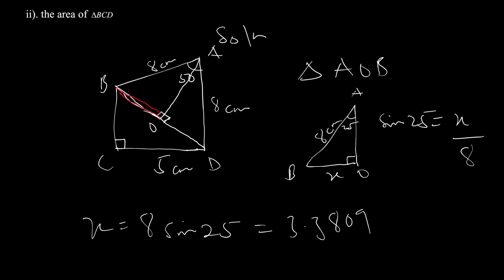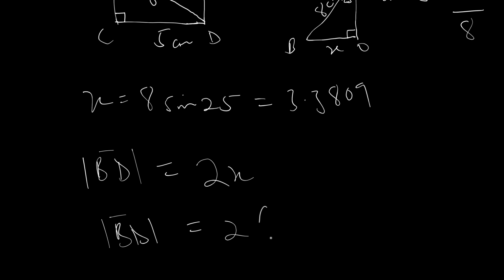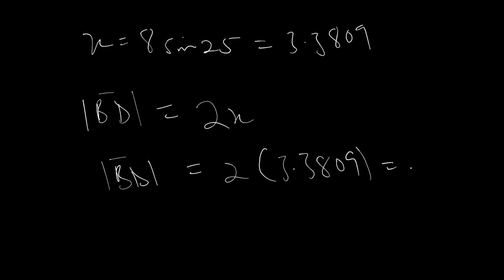So from B to D will be twice the length from B to O. So we can say that the length of BD is equal to 2x. So the length of BD will be equal to 2 times 3.3809, and this should give us 6.7619.